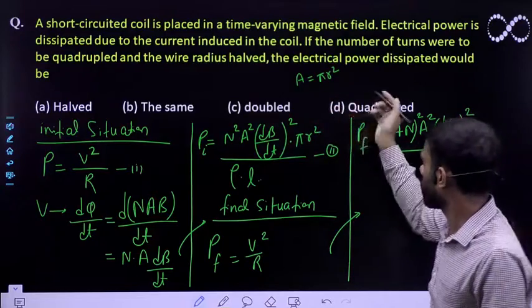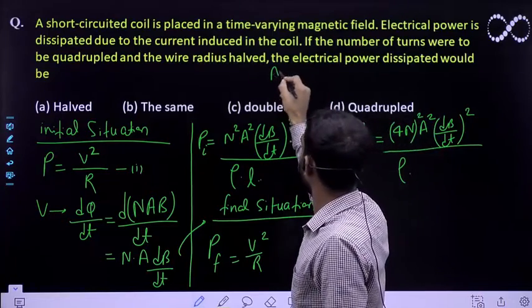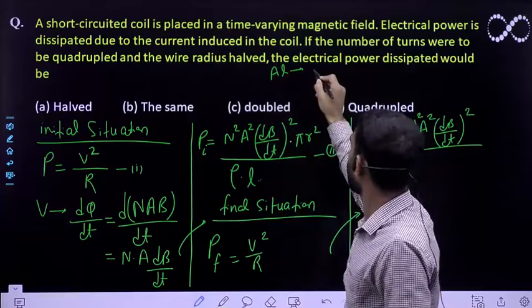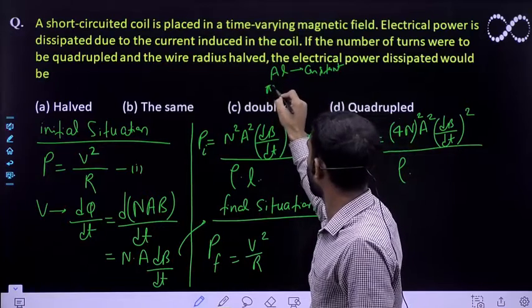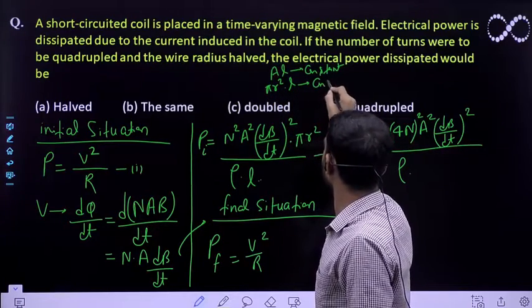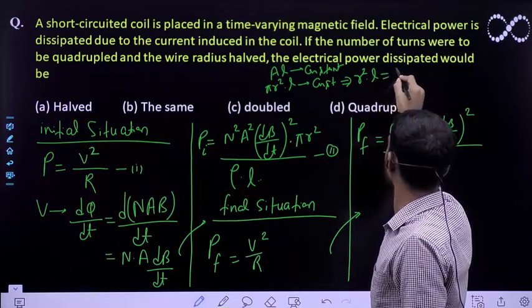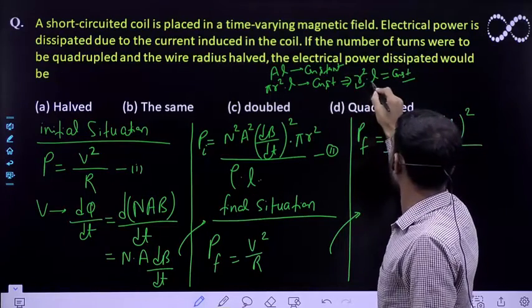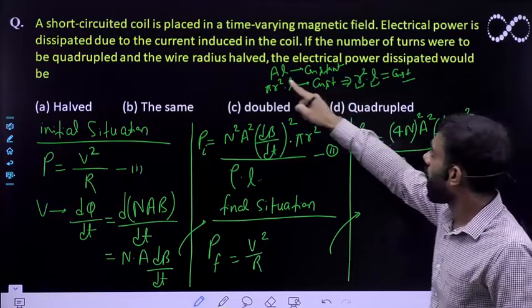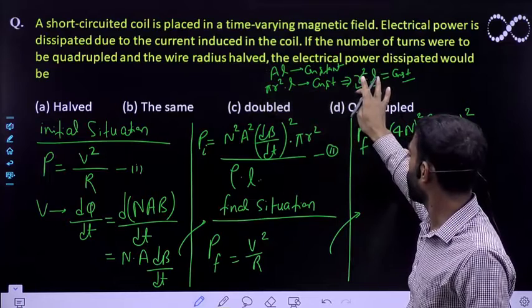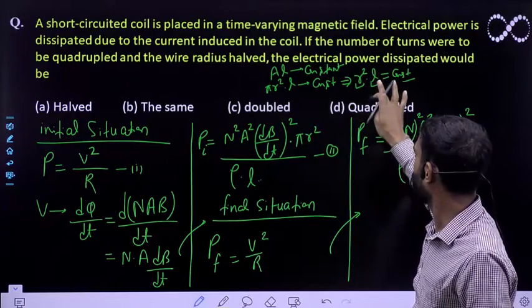A into L is the volume that remains constant. A is pi r squared, so r squared into L is equal to a constant. So r squared and L, the product is constant, so they are inversely proportional. The radius becomes half, so r squared becomes 1 by 4 times, and since they are inversely proportional, L becomes 4 times.